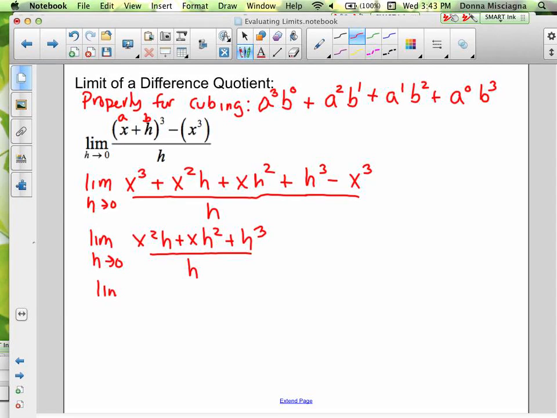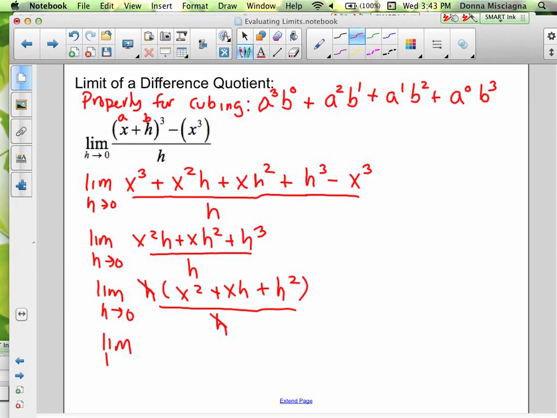So we have the limit as h approaches 0, and I'm going to factor out the h. So I have an x squared plus x times h plus h squared, all divided by h. The h's will cancel. So we have the limit as h approaches 0 of x squared plus x times h plus h squared, and now we're going to plug in the 0 for the h.